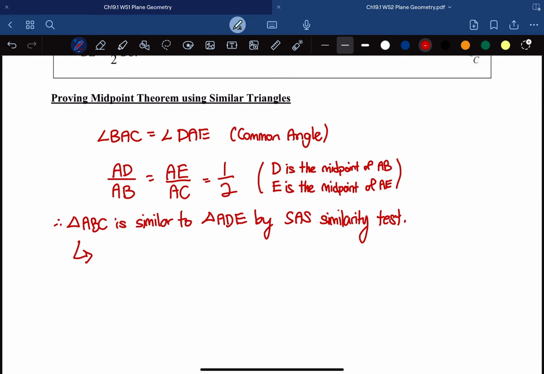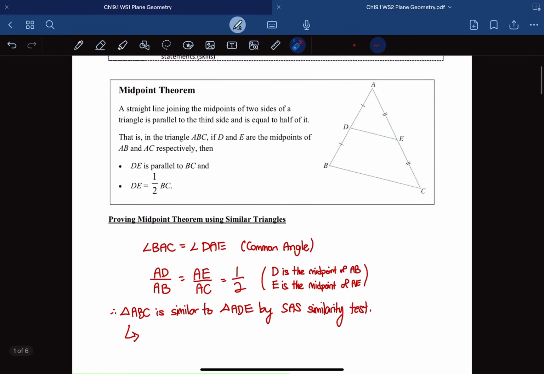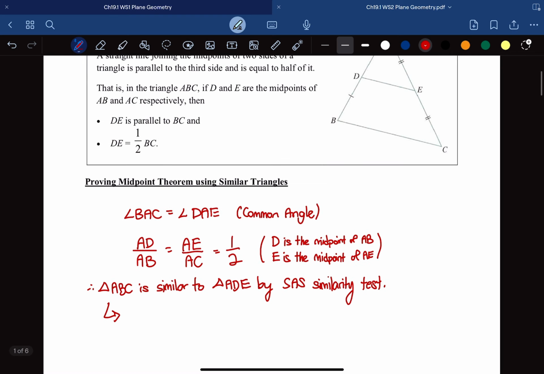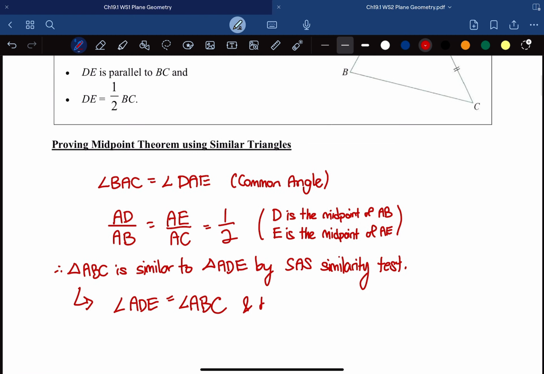Since they are similar, I know that this angle here must be the same as this big angle here. So angle ADE is equal to angle ABC.